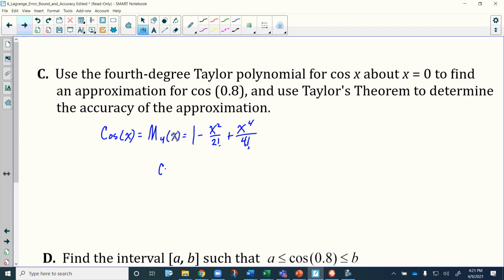So cosine of 0.8 is 1 minus 0.8 squared over 2 factorial plus 0.8 to the 4th over 4 factorial. Again, calculator time. Plug this into your calculator, and I am getting 0.697066667.